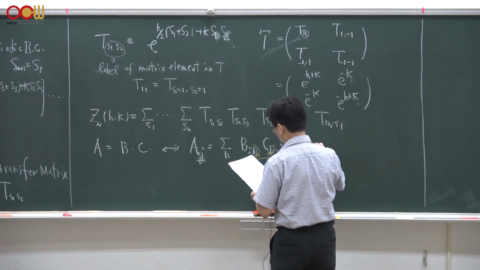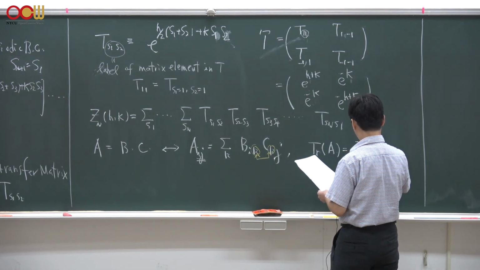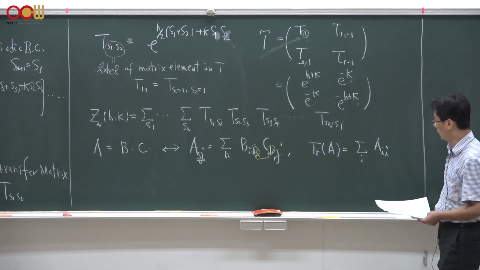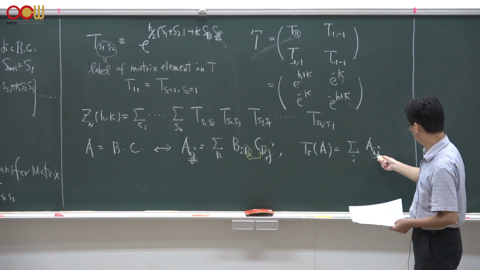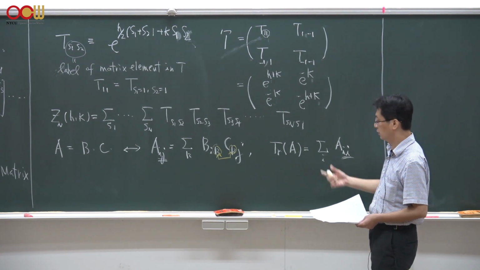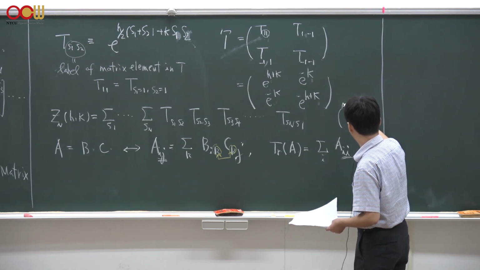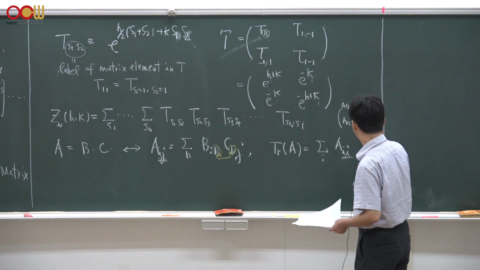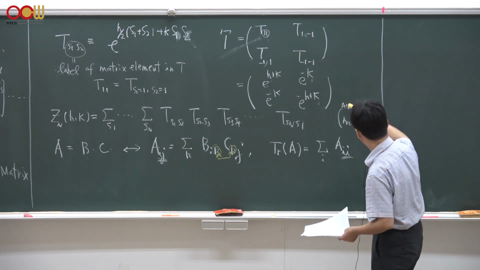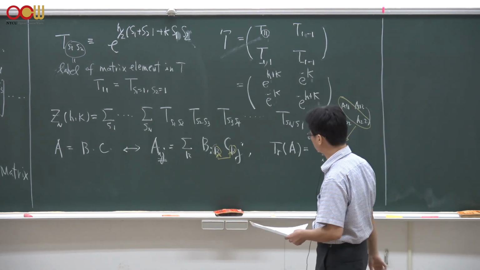Similarly, we should remember the definition of the trace of any matrix as a sum over matrix elements a_ii, where both indices are the same, and we sum over just the one index i. In other words, for example for a 2x2 matrix, we simply sum over the diagonal matrix elements, and then we get the trace of this matrix.